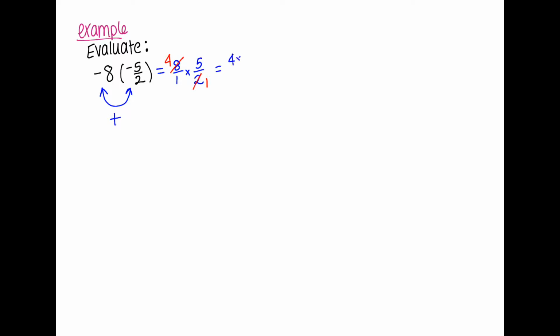So we get 4 times 5 on the top, 1 times 1 on the bottom. 4 times 5 is 20. 1 times 1 is 1. You can't leave your answer as 20 over 1 because that's not simplified all the way. Any number over 1 is just itself. It's the reverse direction of what we were talking about before. So this comes out to be 20.